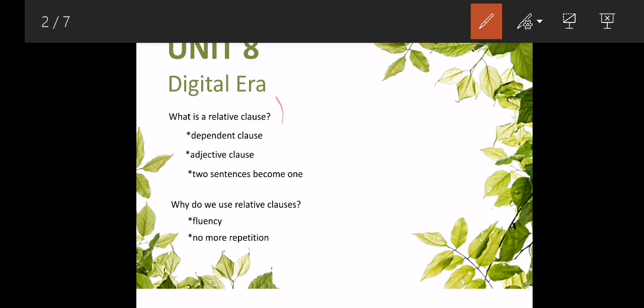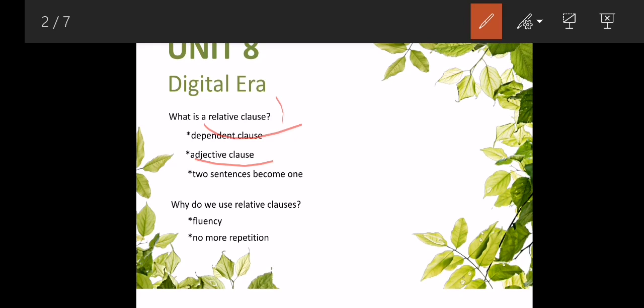A relative clause is one kind of dependent clause. It has a subject and a verb, but it can't stand as a whole sentence. It's sometimes called an adjective clause. Relative clause or adjective clause, they have the same meaning.